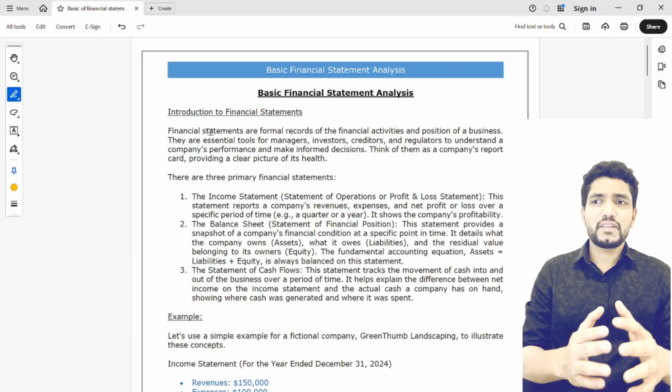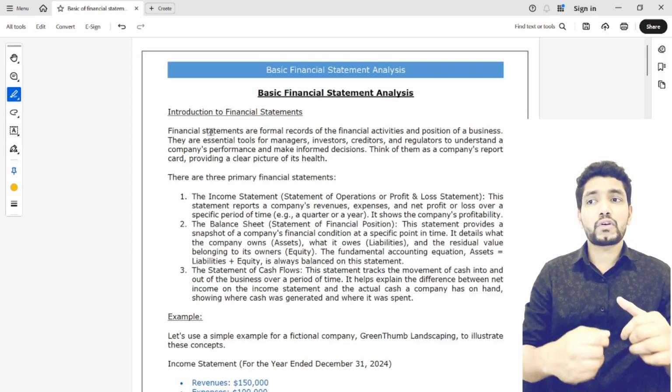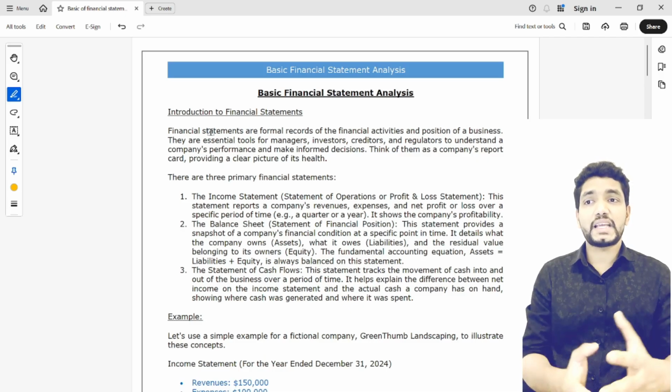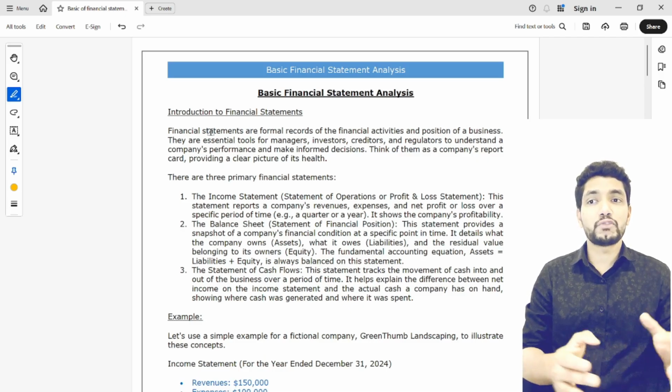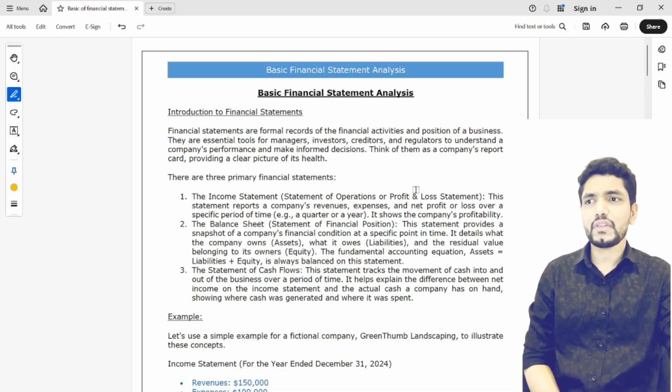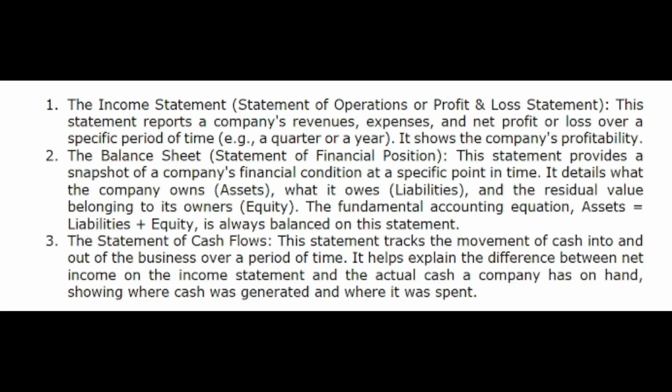So these statements are the basic formal record of the financial activities, financial position, and performance of a business. There are three primary financial statements. The first one is the income statement, or the profit and loss account, or the statement of operations.